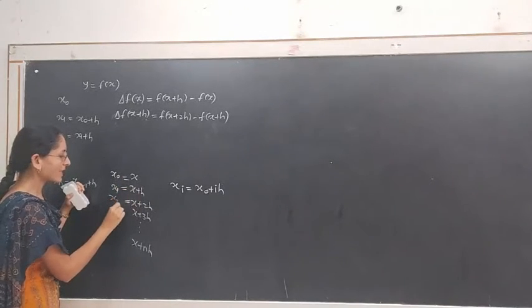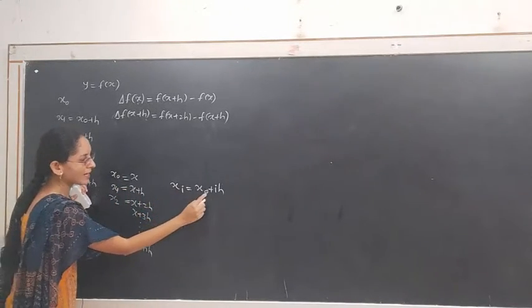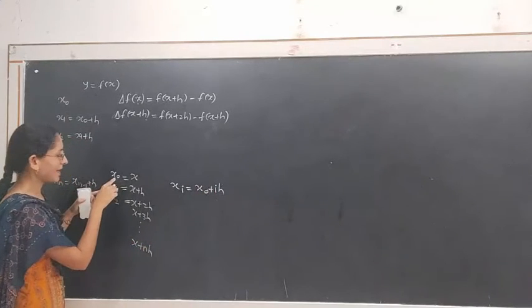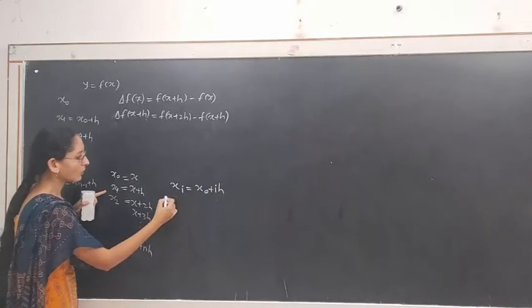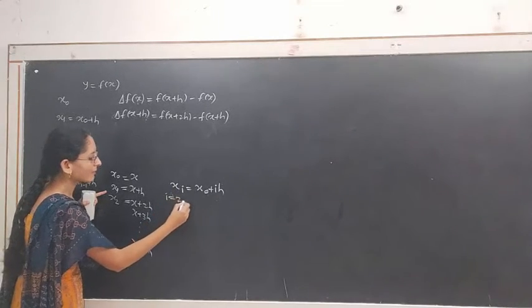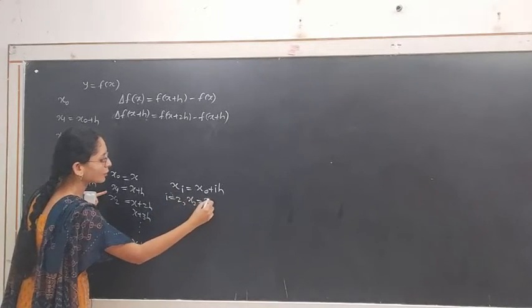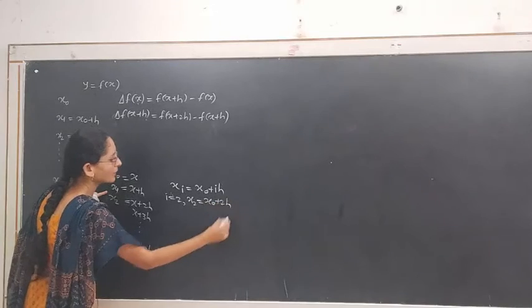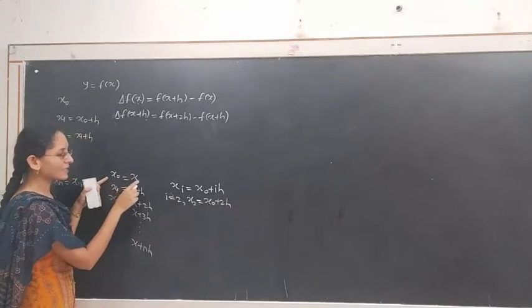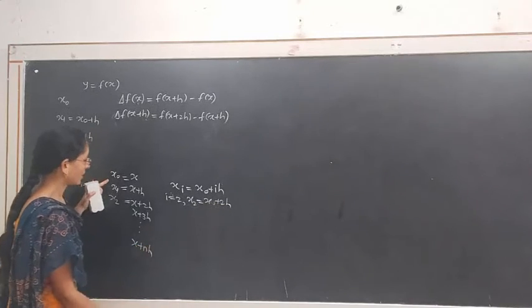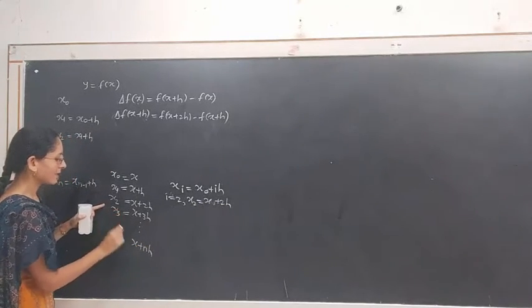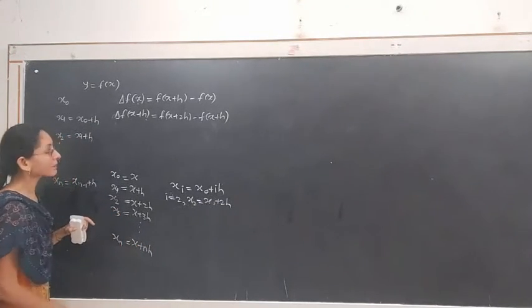This is the value of x2. xi is equal to x0 plus i into h. If we put i equal to 2, then we get x2 is equal to x0 plus 2 into h. We consider x0 equal to x, hence x2 is equal to x plus 2h. This value is x3 and this value is xn.